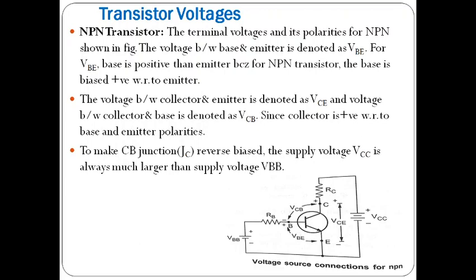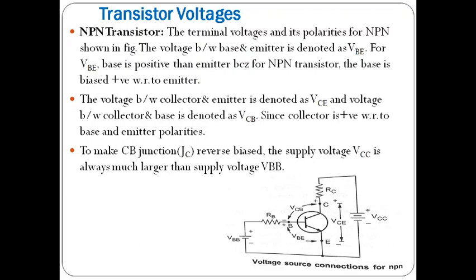Yes. So an NPN transistor will be in active mode if emitter potential is less than base potential, which is less than collector potential. That means the collector potential is more positive, then the base potential, then the emitter potential.